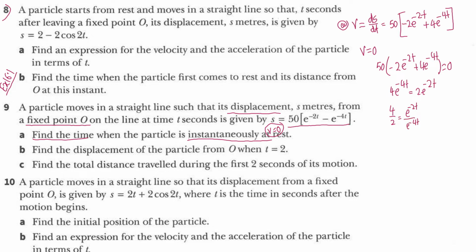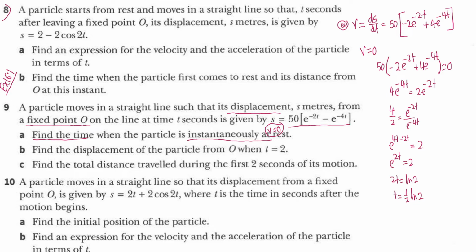So this is e to the power 4t minus 2t, so e to the power 2t equals 2. So 2t equals ln 2, then t equals half ln 2.